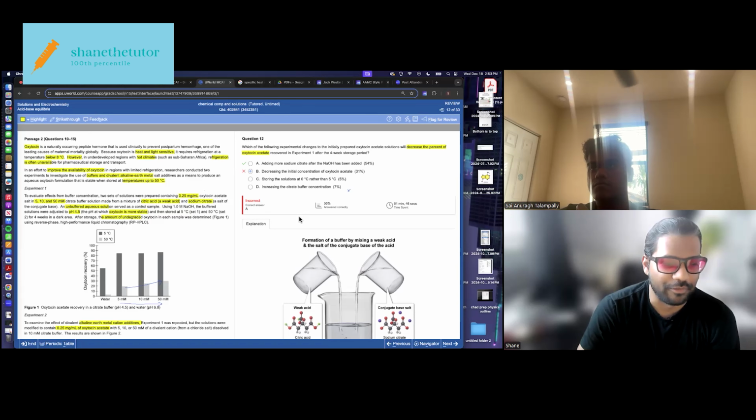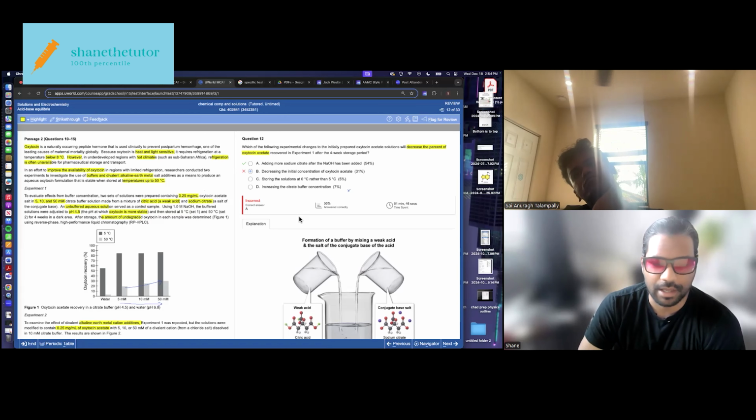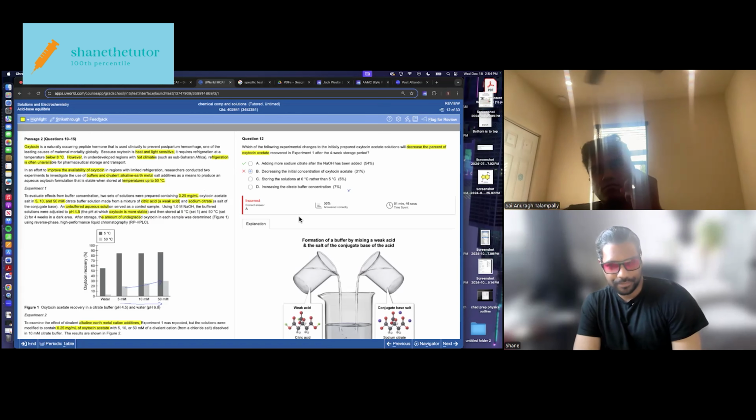You can see that in figure 1, where the dark bars at 5°C have a lot more recovered than 50°C. So that could be something. But I'm also thinking at 0°C the water should freeze, which would also mess things up.